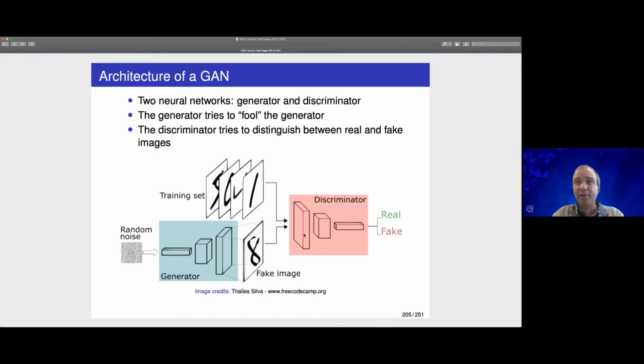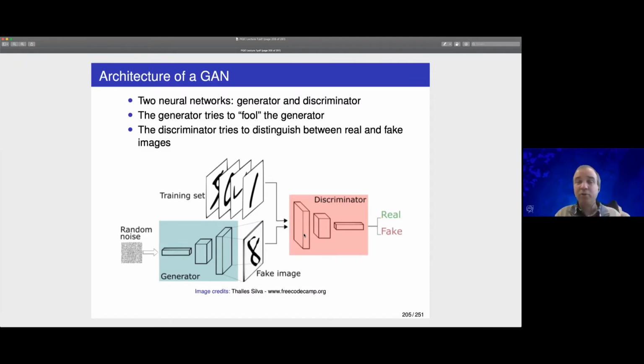And the discriminator is trying to differentiate the real images or real data that come from your training data from the data generated by the generator. It is a game in which the generator tries to fool the discriminator into accepting the data it creates as real, while the discriminator tries to differentiate the real data from the data generated by the other neural network.